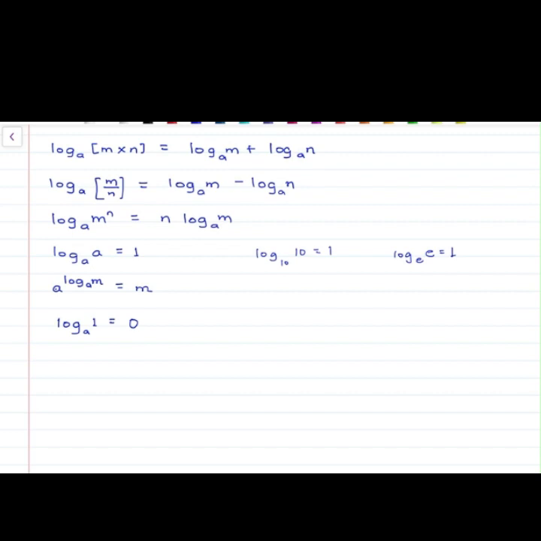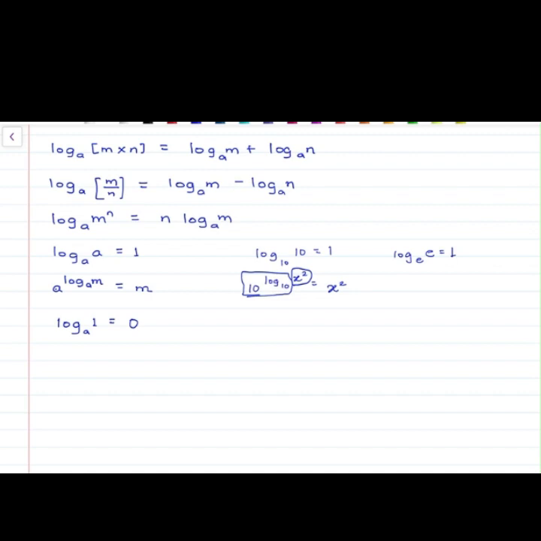Then you have this one. Let's say you have 10 to the power of log to the base 10 of, let's say, x square. If you have something which looks like this, then this whole thing will give you the result as the function inside the log.